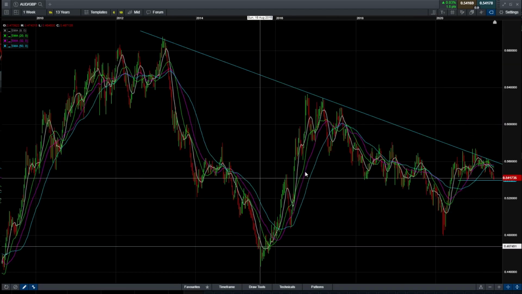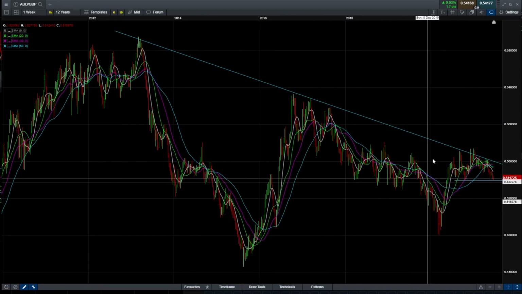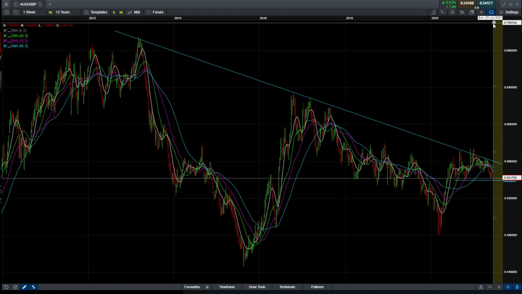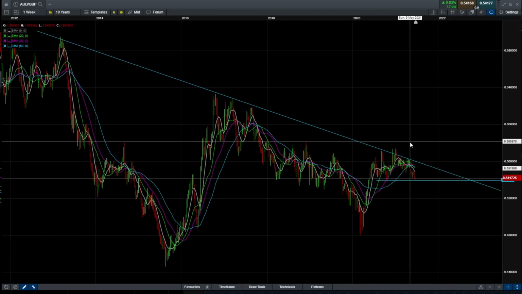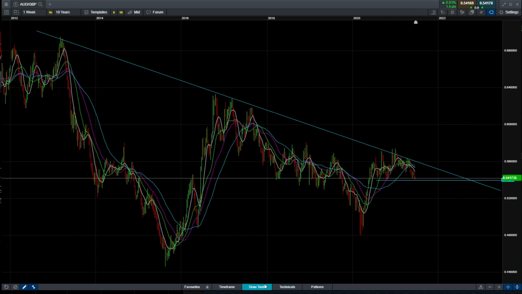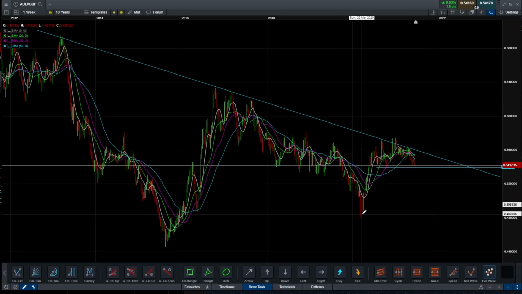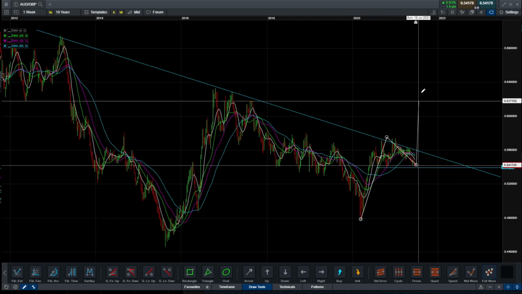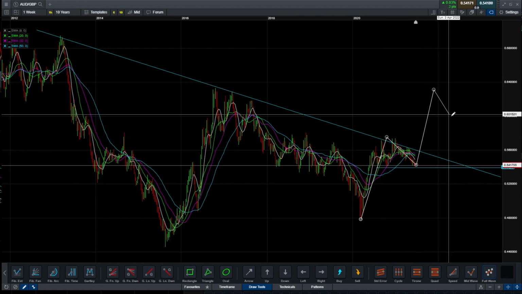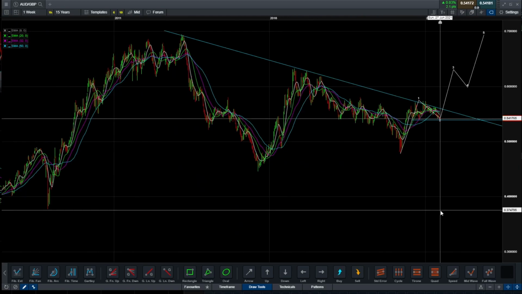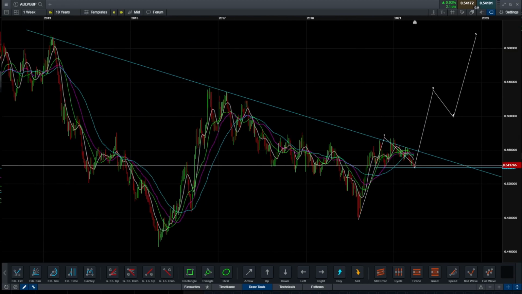Going out to the weekly graph, we've got a strong uptrend moving sideways, so let's expect this to be wave 1 of 3. If it could be that bullish, let's put a wave structure on there. Don't know if we can go that far out into the future, but we'll see what happens.